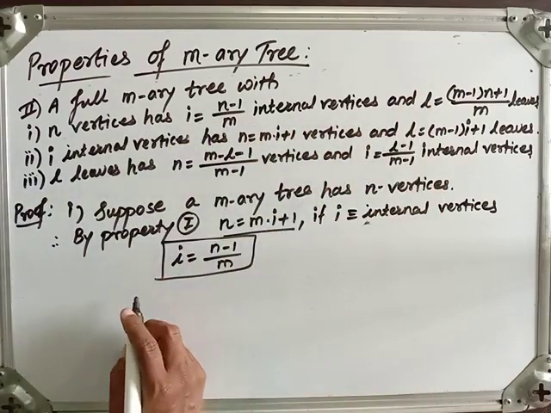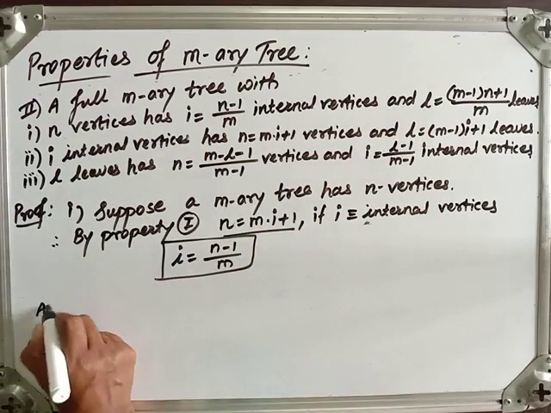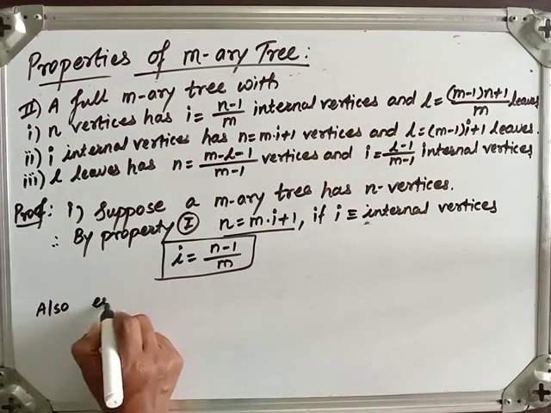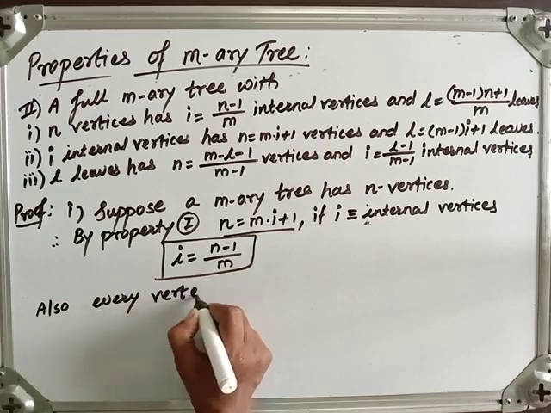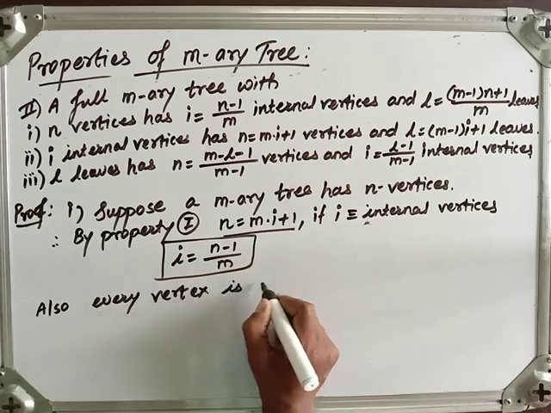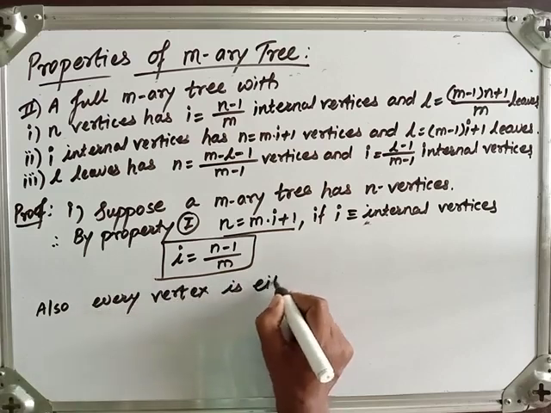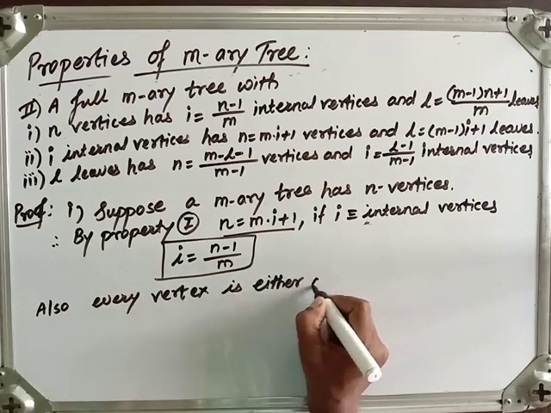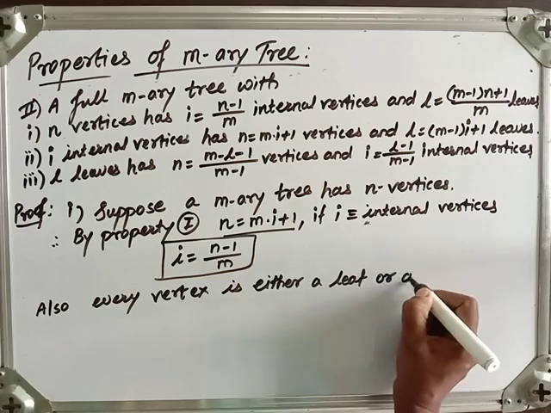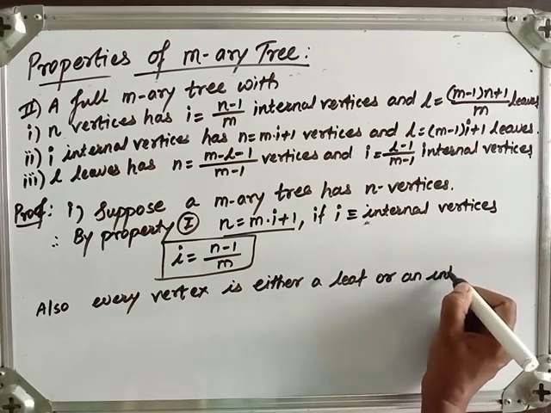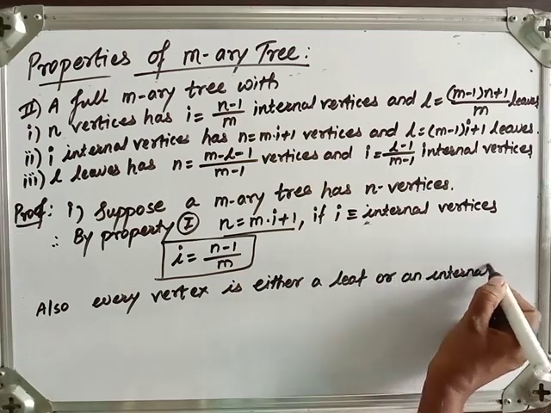Now let's see for L. Also, every vertex is either a leaf or an internal vertex. These are the two choices for them.